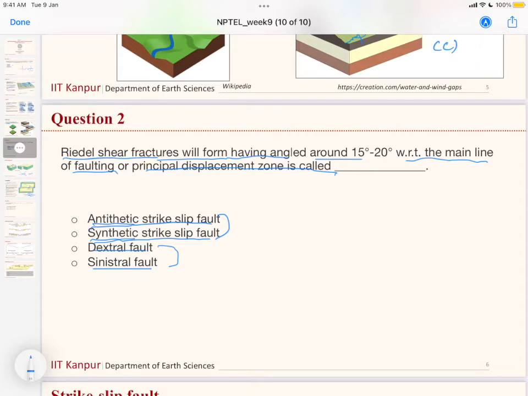Now they are asking that they are forming around 15 to 20 degree, so what would they be called as? Definitely dextral and sinistral is not the correct option. So would it be synthetic strike slip fault or the antithetic strike slip fault? First tell me what is the meaning of synthetic and antithetic.